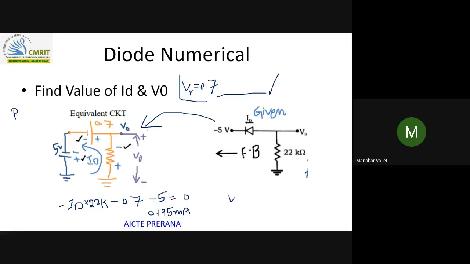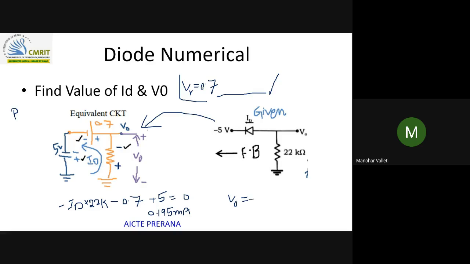Once we got that, how about V naught? Will V naught be positive or negative? You see here in the equivalent circuit, the V naught we need is like this, but the polarity of I naught multiplied by 22k will be shown here like this.